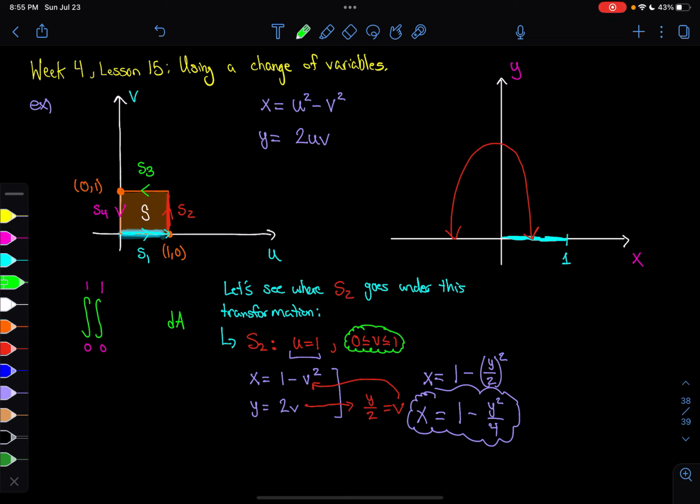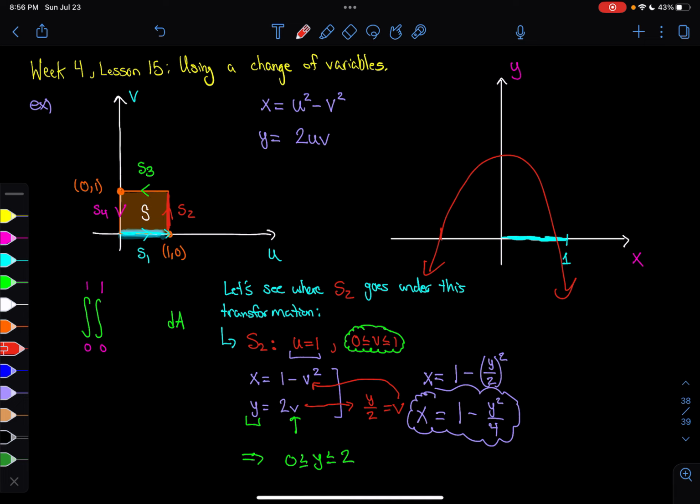The fact that v goes from 0 to 1, which means that y goes from what? That immediately gives us that y is going to be trapped from 0 to 2. So that means that this parabola is not going to go down, right? It's not just going to keep shooting down like this indefinitely. We have a boundary for our y values, okay?